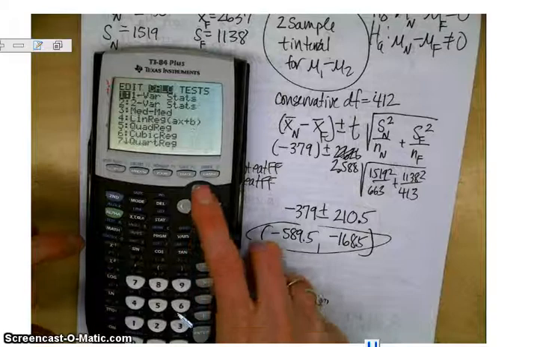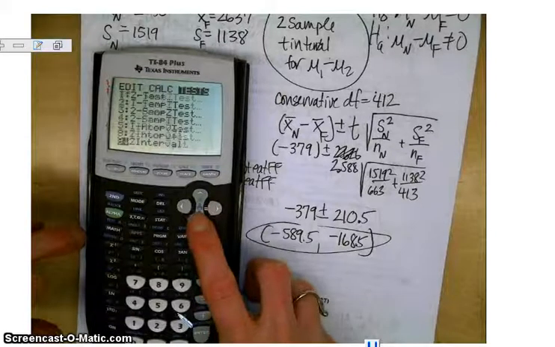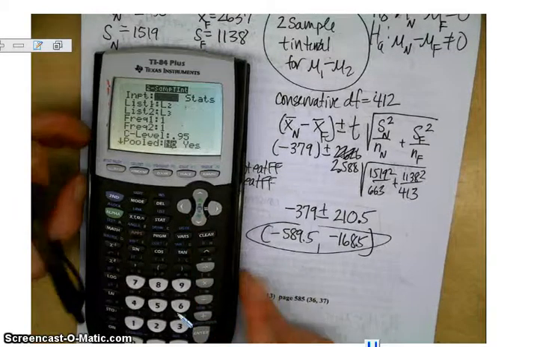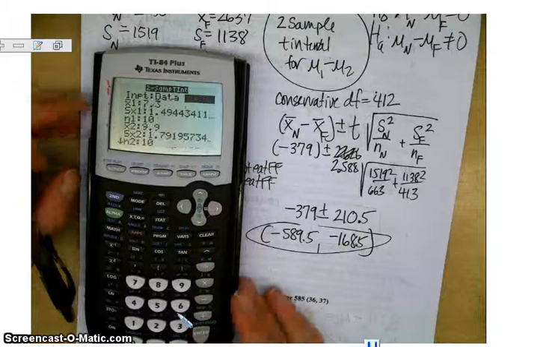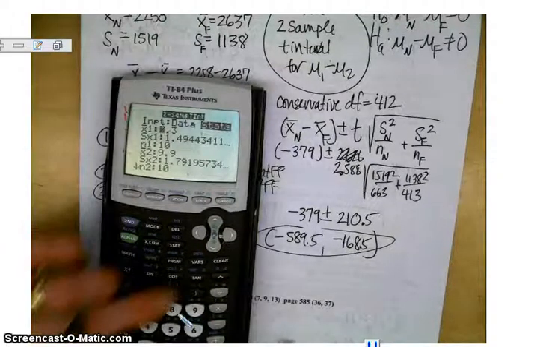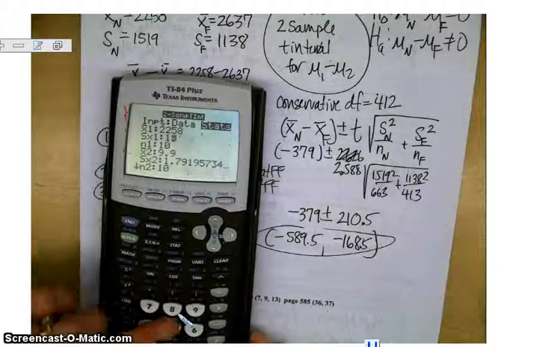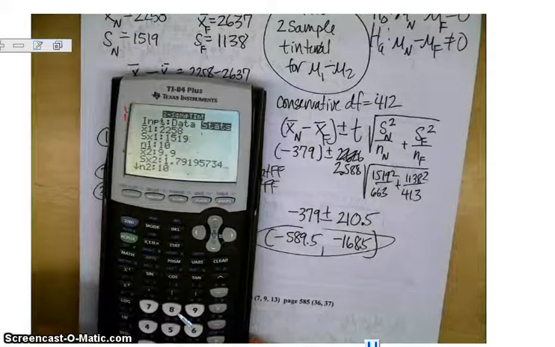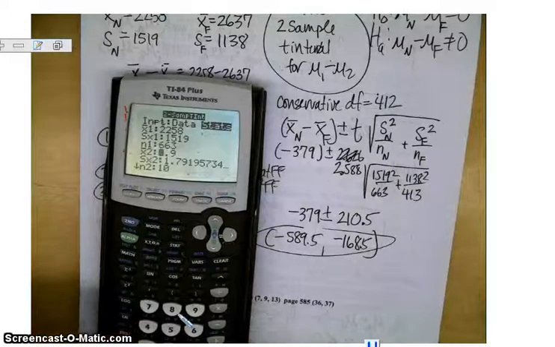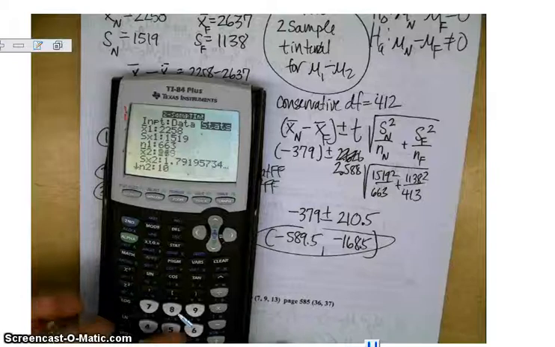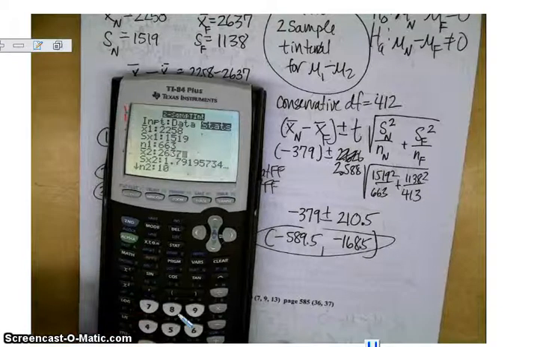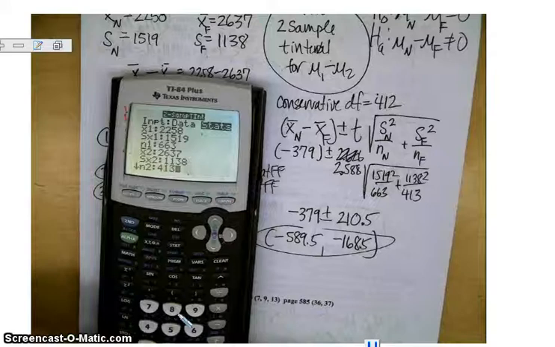So stat, tests, I'm going to do a 2-sample T interval, and I've got the stats. So my first mean is 2258, standard deviation is 1519, and n is 663, and then 2637 is my other mean, with the other standard deviation and n.